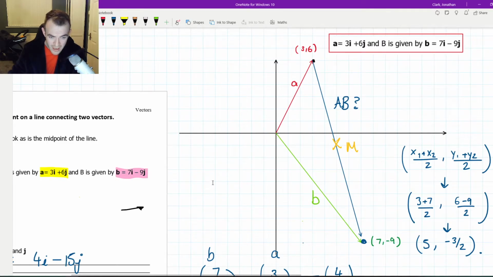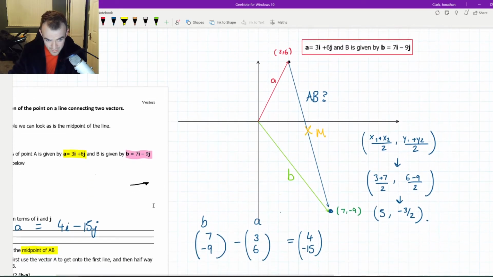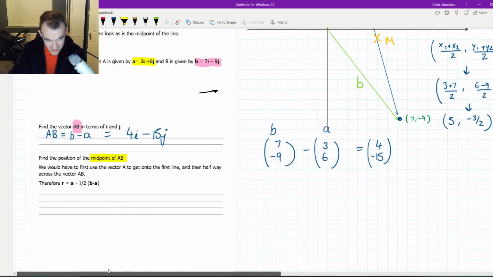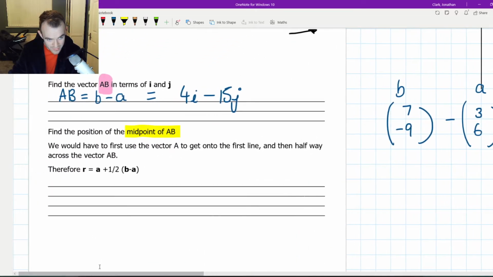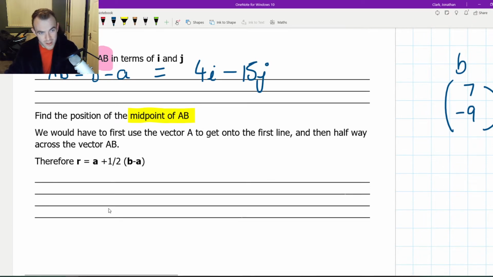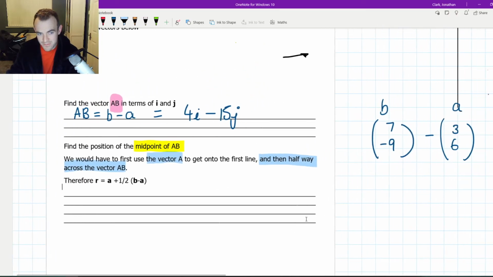The other thing that we can do is use a vector method. And I believe it's hinted at here. What it says in terms of text is that we could first of all go onto the vector A, and then go halfway along the vector AB.